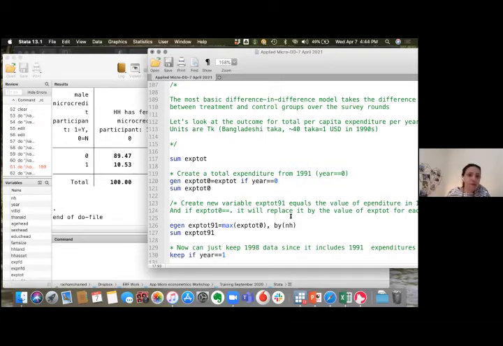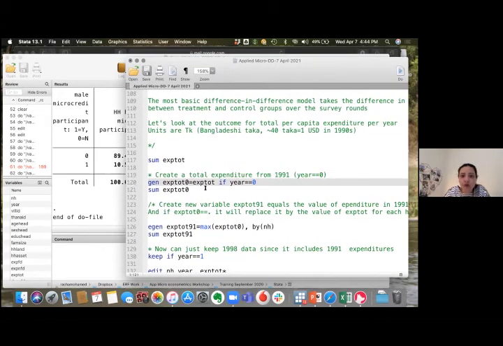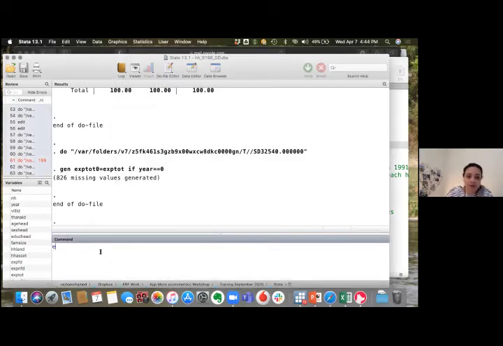But if you do reshape, you will get the same thing. But here, because we have a lot of variables, I don't want to do reshape for now. So I will first create a variable called total expenditure 0, which is equal to the total expenditure variable if year is 0. Okay. And then, let me show to you what this means.